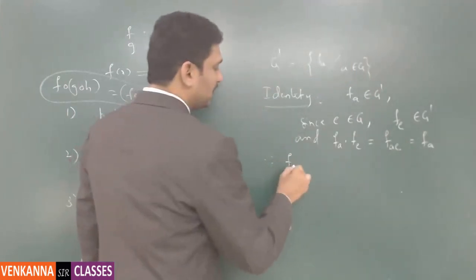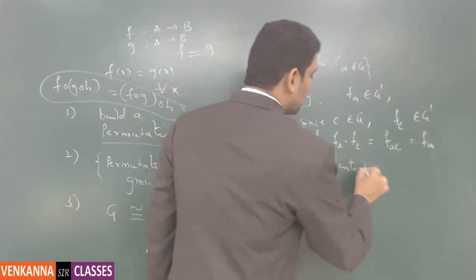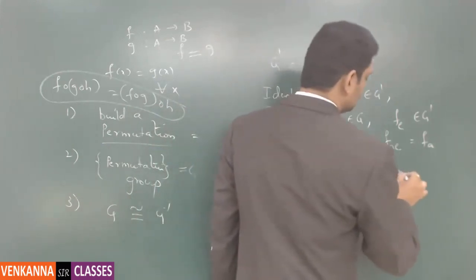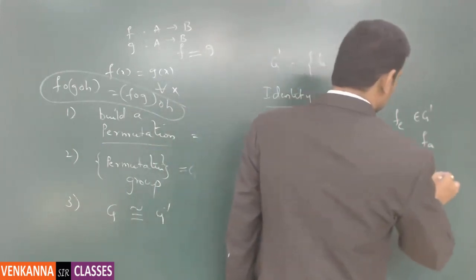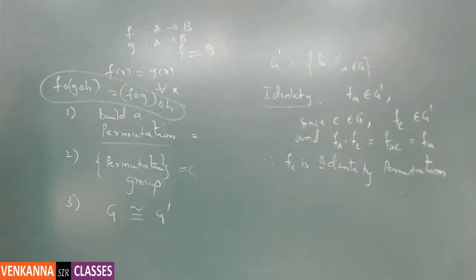So FE is the identity permutation. Please check the procedure. Any doubts you can ask.